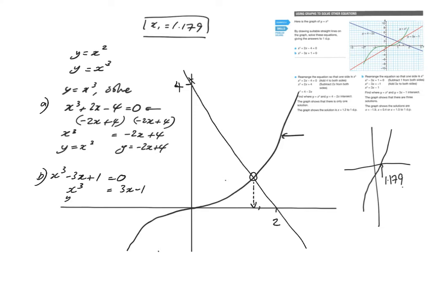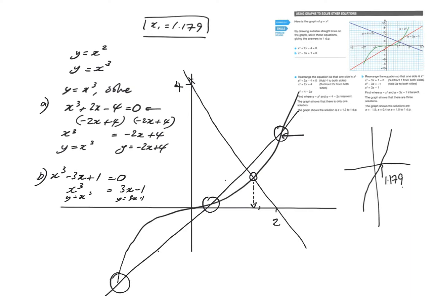And I've got the graph of y equals x cubed. And now I need the graph of y equals 3x minus 1, and that's going to look something like this. Okay, so here I've got a solution, here I've got a solution, and down here I've got a solution.